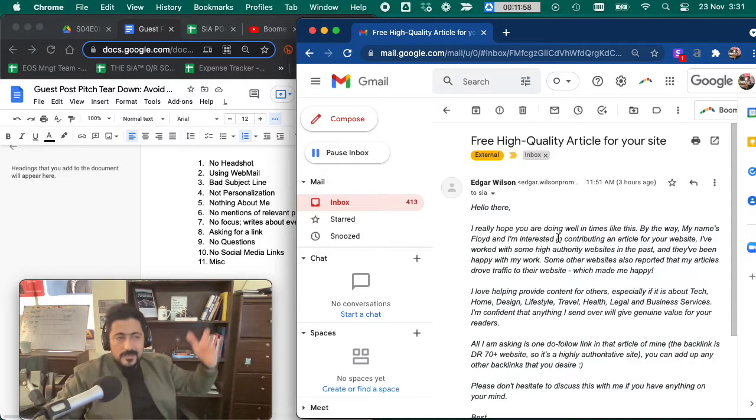G Suite makes it pretty easy, so you can use G Suite. Or if you don't want to pay for G Suite, which I think is like $6 per month, then you can use your hosting's email service.